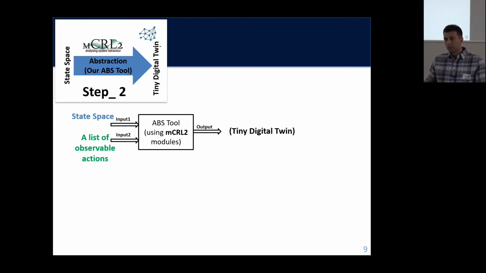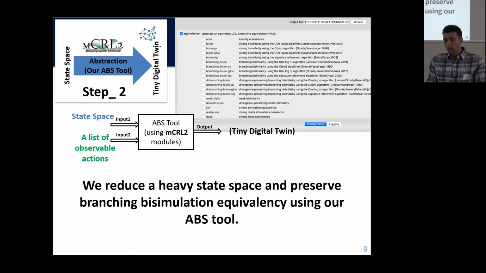And we generated this small model that we call the tiny digital twin. This tiny digital twin has a branching bisimulation relation with the original state space. It preserves all branches, or traces, or paths that the system follows in the execution time.